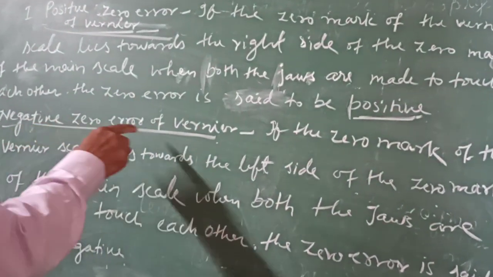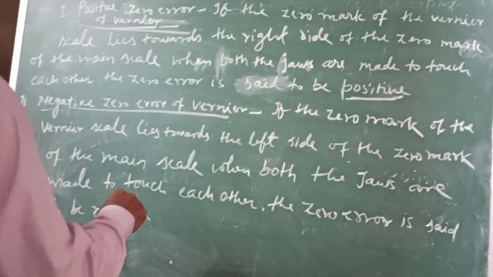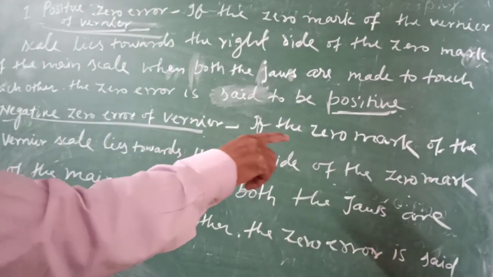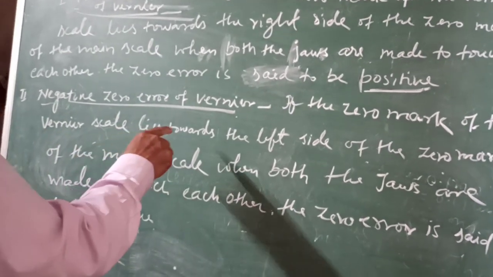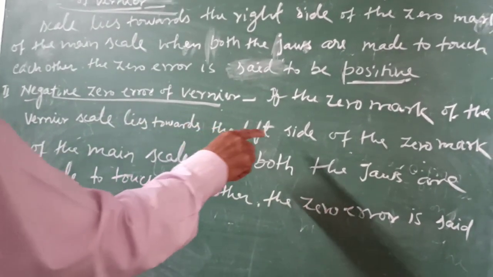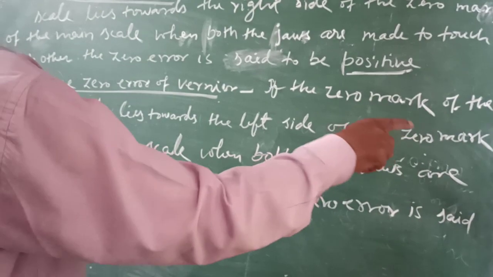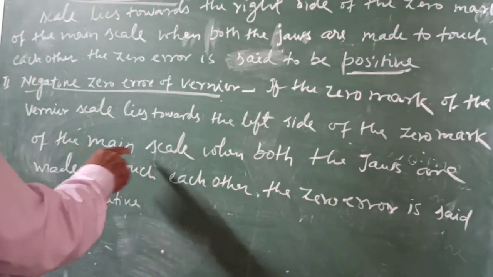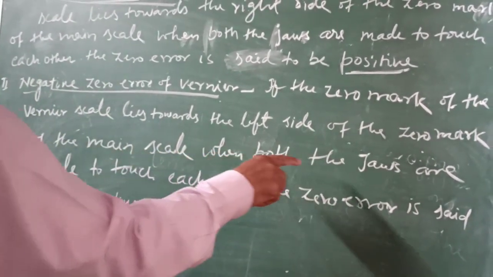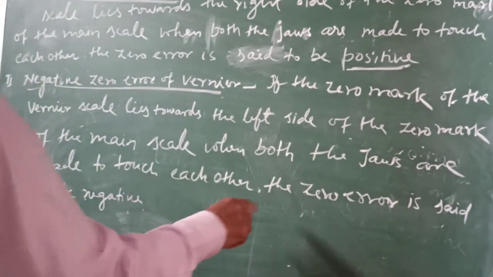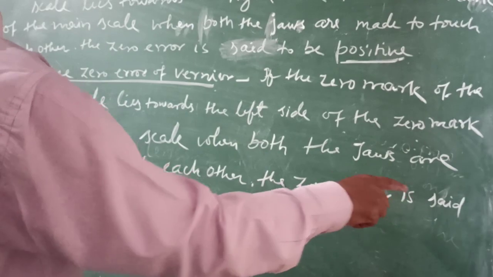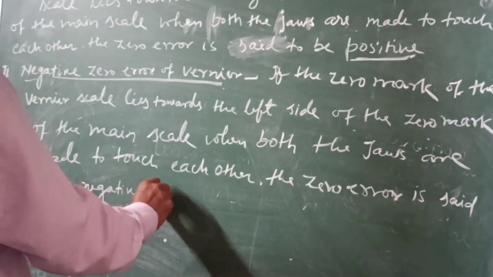Second, negative zero error of vernier: if the zero mark of the vernier scale lies towards the left side of the zero mark of the main scale when both the jaws are made to touch each other, the zero error is said to be negative.